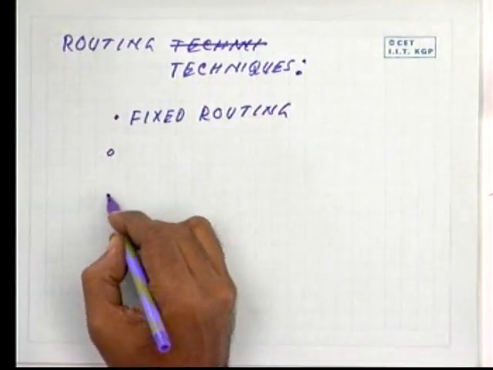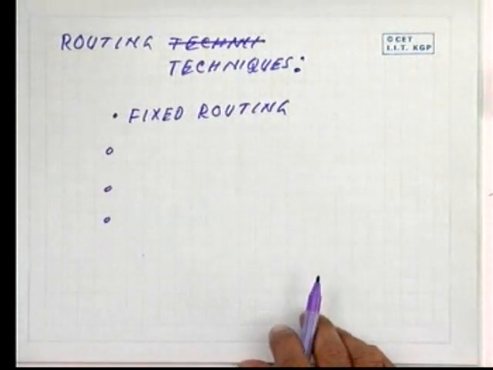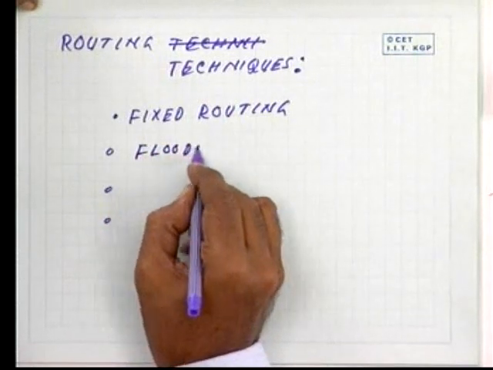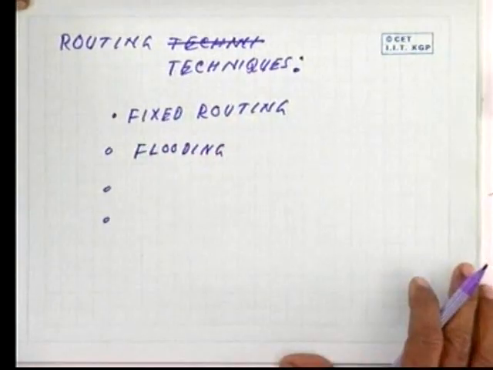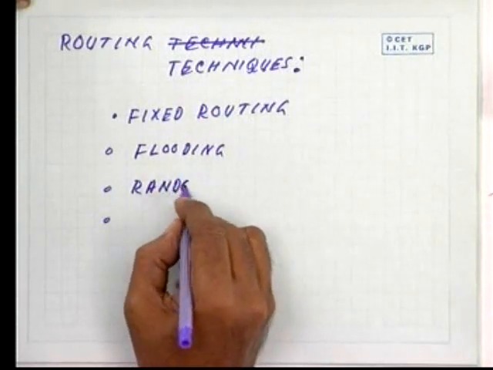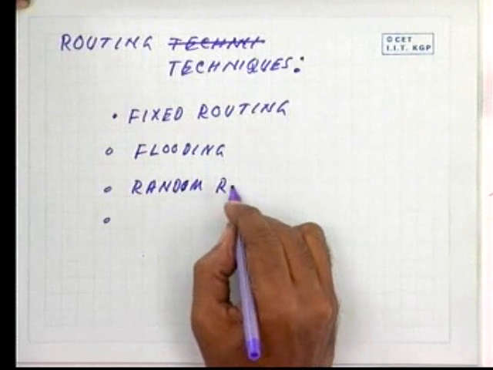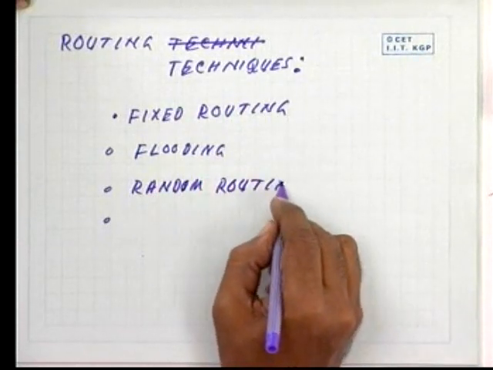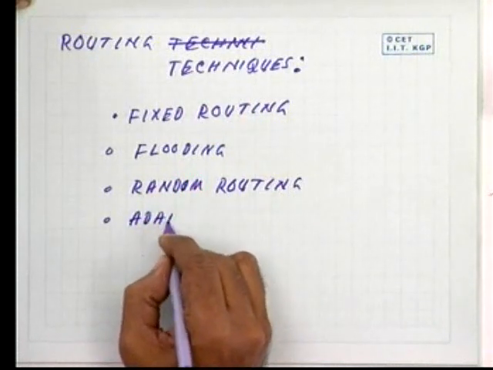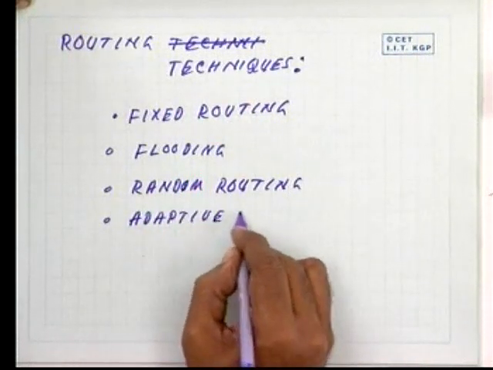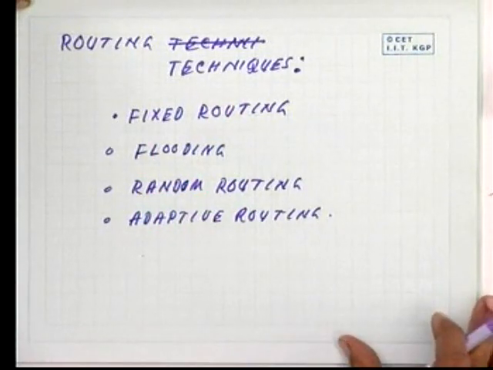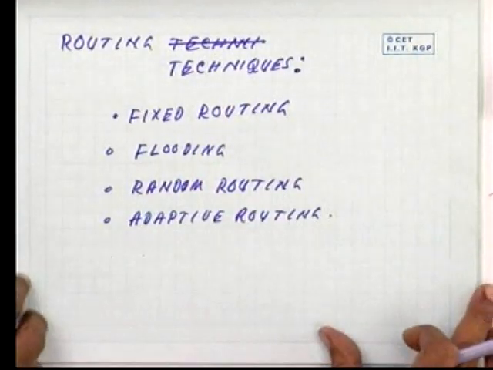There are four basic approaches we shall consider: fixed routing, then flooding, random routing, or it can be adaptive routing. Let us consider these techniques one after the other.